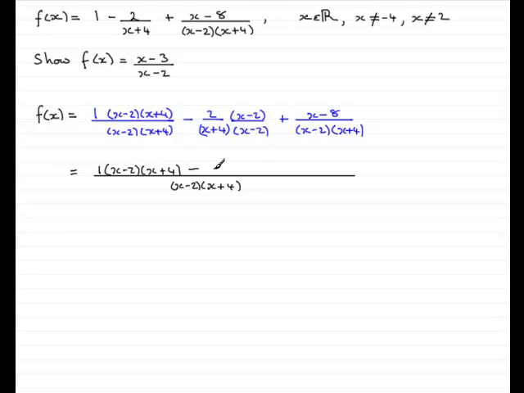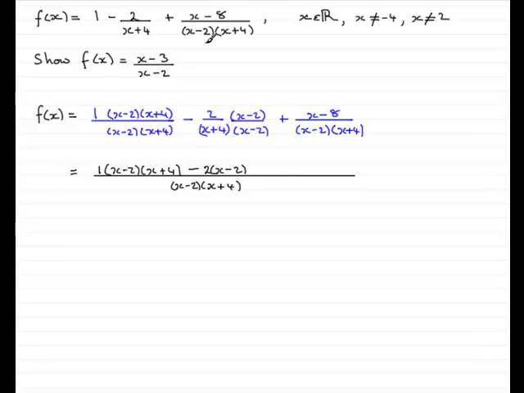I'd have moved on to the next fraction. I'd have seen I've got x plus 4 in the denominator. What do I need to multiply that by to get this denominator? Well, it clearly has to be x minus 2. So I'd multiply the 2 with x minus 2, and you can see that's what I've got above here.